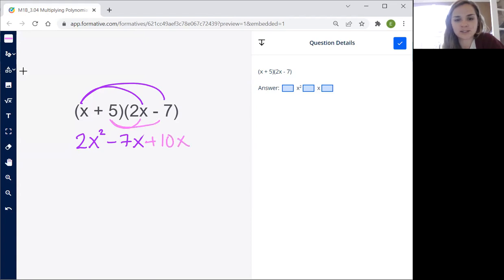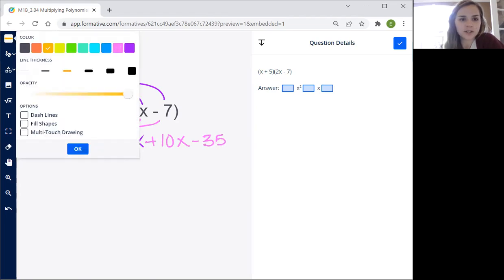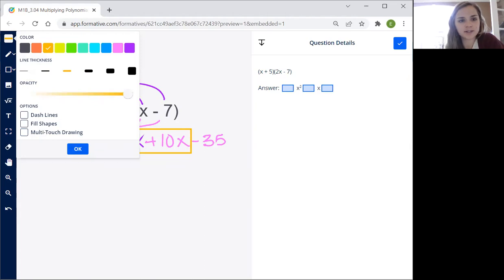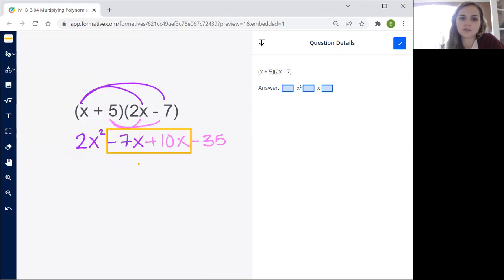And 5 times -7 is -35. Combine those like terms in the middle. -7 plus 10 gives us 3x. Bring down that -35 and 2x squared. Oops, and it's a +3, so we want to make sure there's a plus sign in there. So you get 2, plus 3, and negative 35.